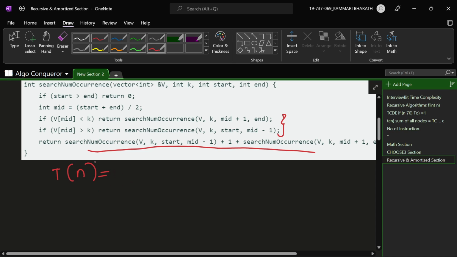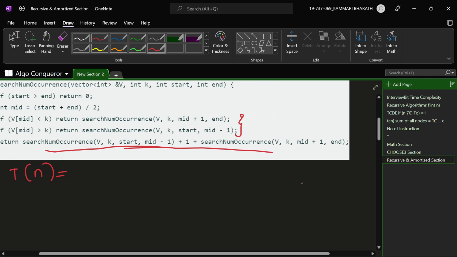So how do you write the recurrence relation? The input is being divided into half. This is one half, and this is another half. Start to mid is one half, and mid to end is another half. So this will become T of n by 2 plus T of n by 2 plus C. This is constant time for the base conditions and everything else.